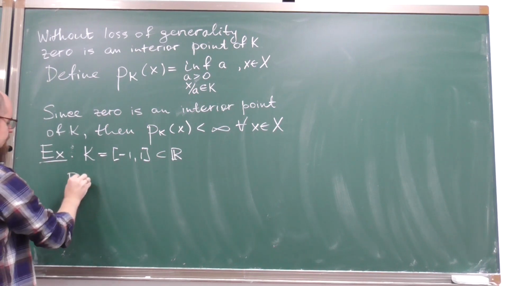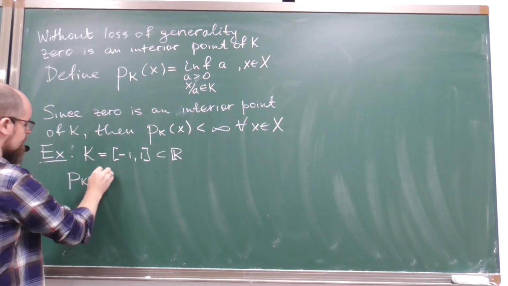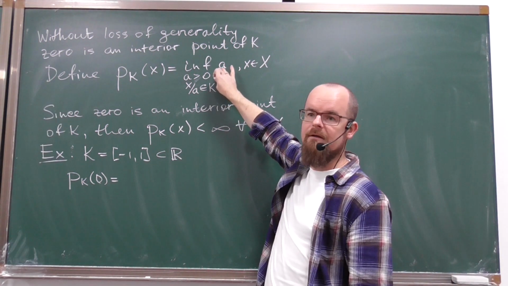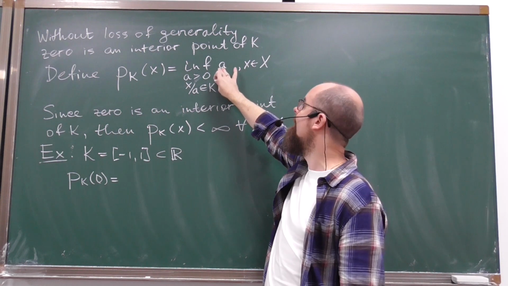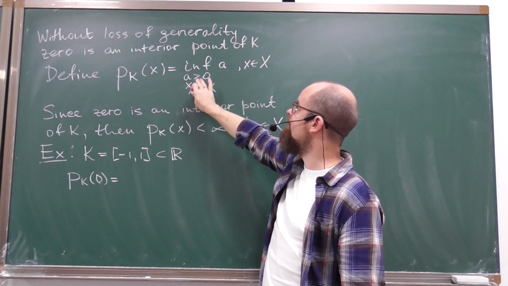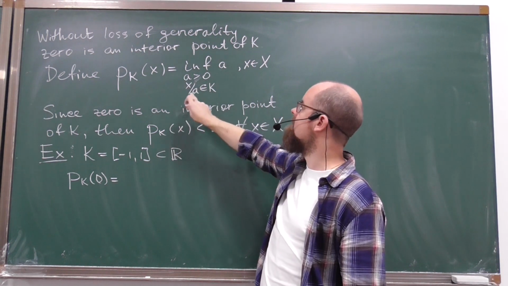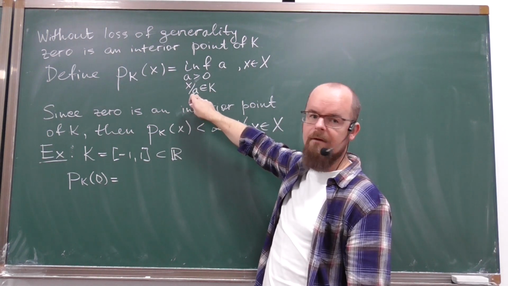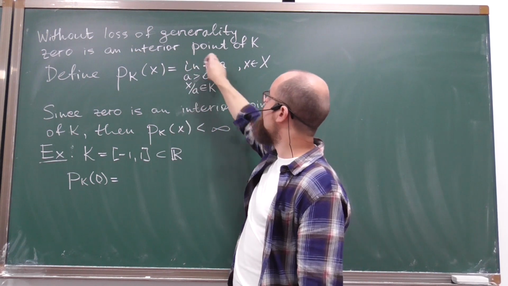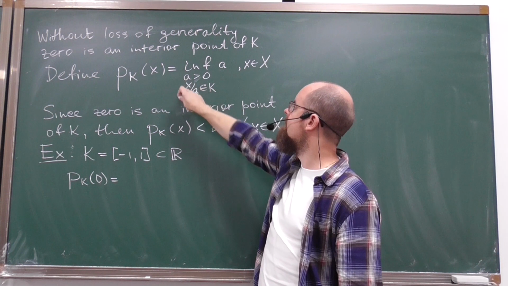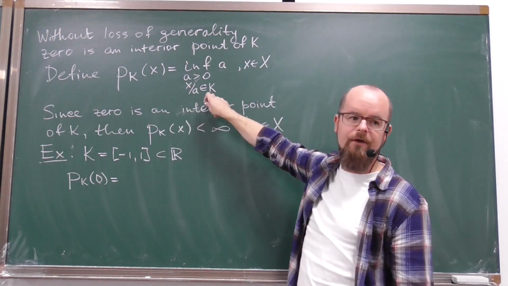What is then p sub K of 0? So this is the definition. We take any positive real number, divide an element x by this number, and compute the infimum over all such a, such that this expression belongs to K.